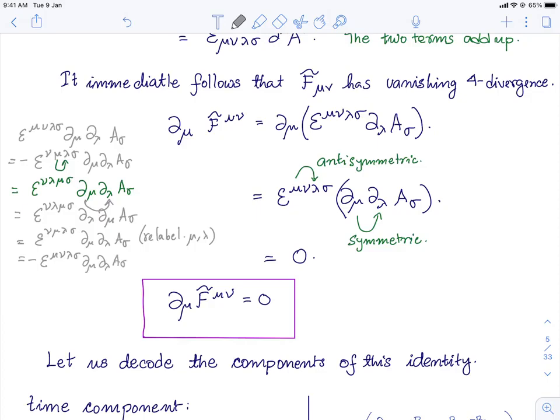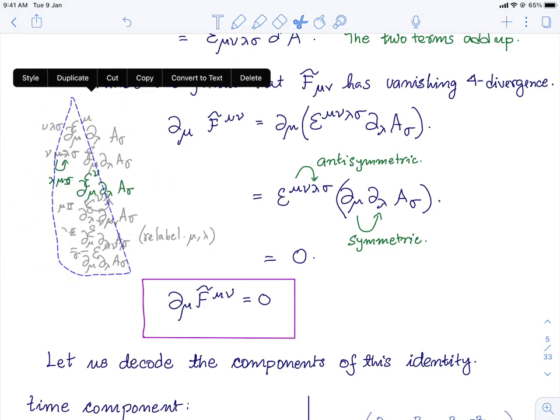Okay, so this always happens. If indices are contracted in such a way that there's an antisymmetry in one and a symmetry in the other, then that object has to be minus itself. Because this object, as you can see, is minus of itself, it has to vanish. That is the main argument why this object vanishes, and it vanishes identically.